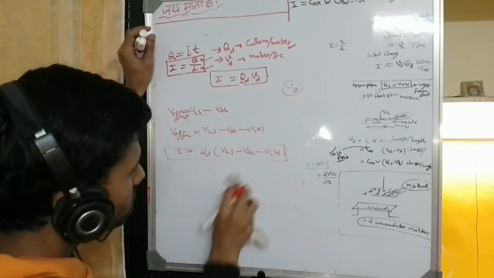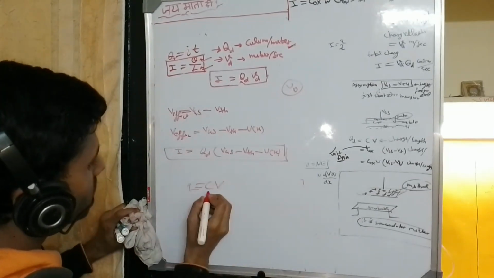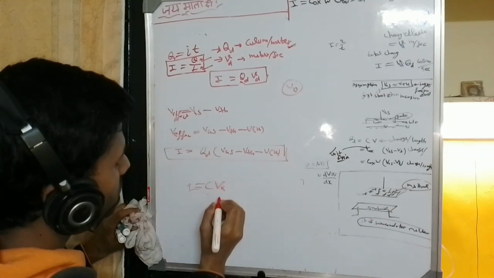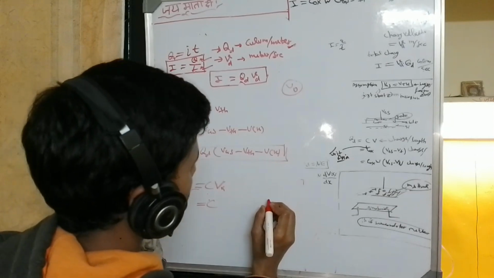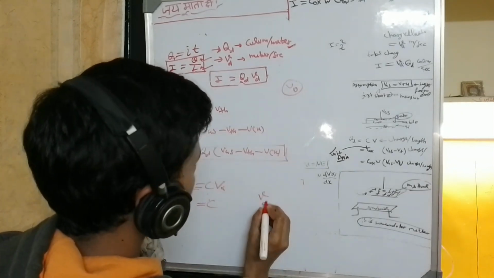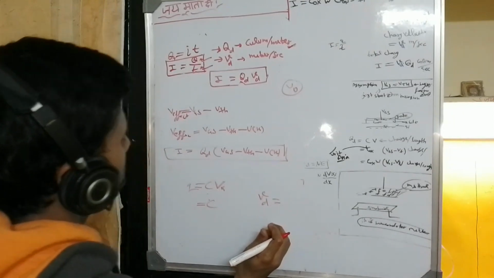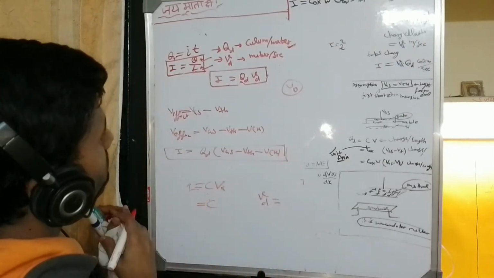Then the charge Q is equal to C into V. Okay, here I think I made a mistake.